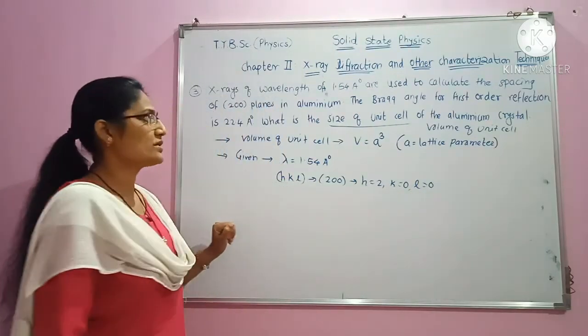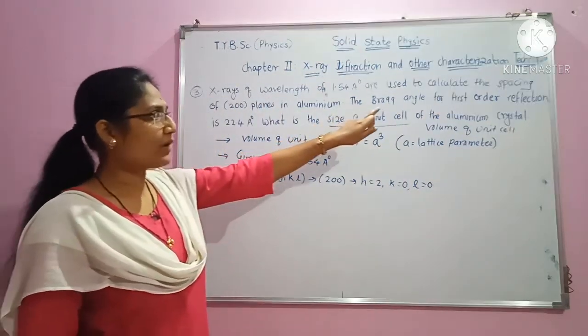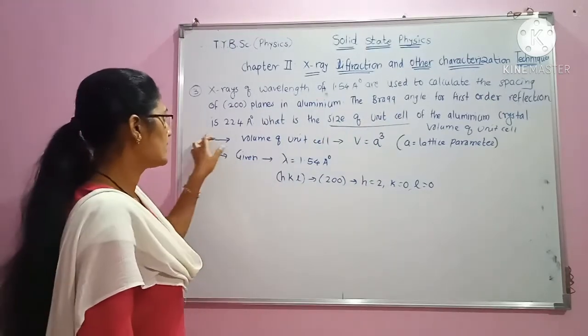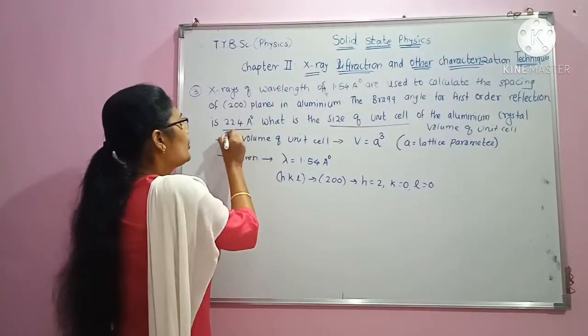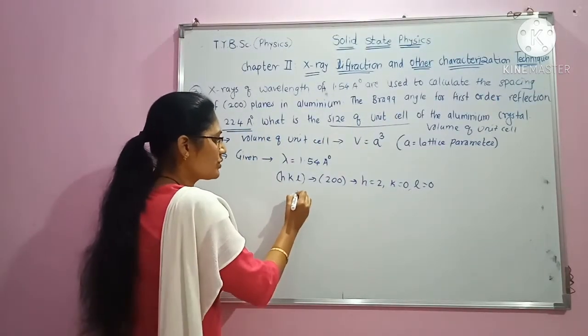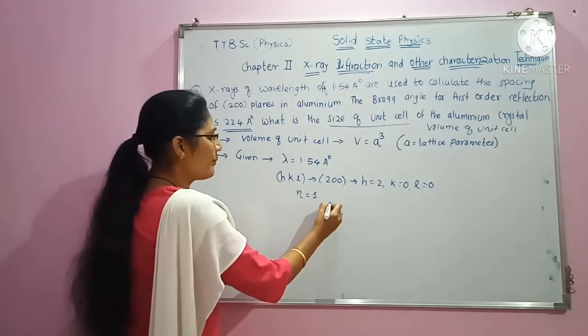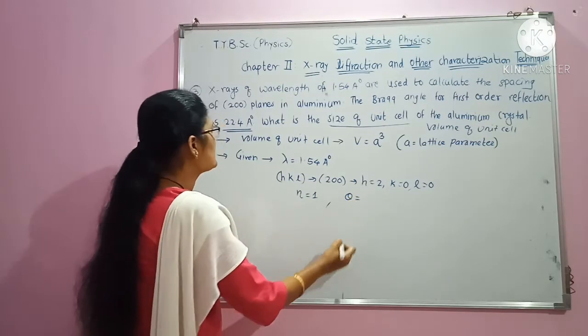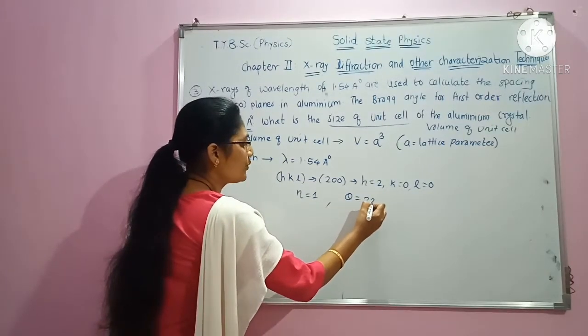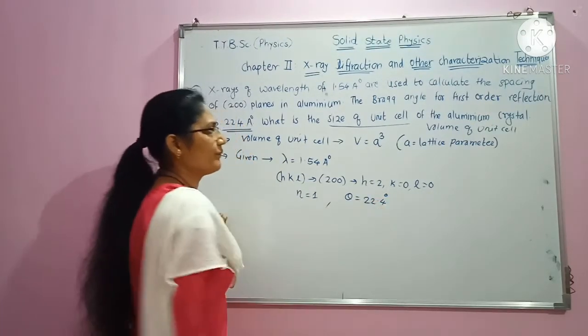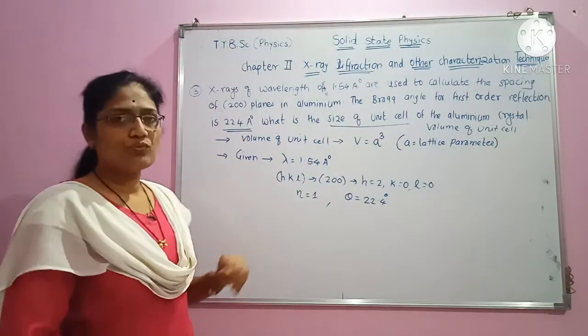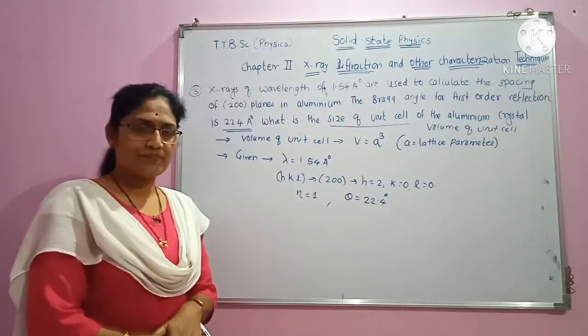Then the Bragg angle for first order reflection is given. First order means n is equal to 1, and the Bragg angle theta is given as 22.4 degrees.